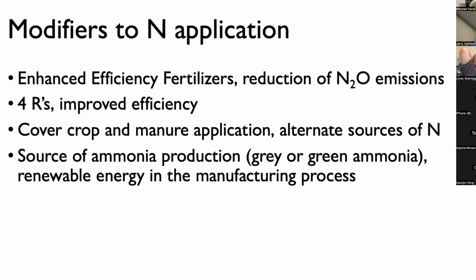And it was very interesting. The front page of the Des Moines Register yesterday talked about green ammonia, using renewable energy in the manufacturing process. There's a lot of interest right now in ammonia production coming from either gray or green ammonia. And if you look at that, it's just a matter of what we are using to supply the energy.